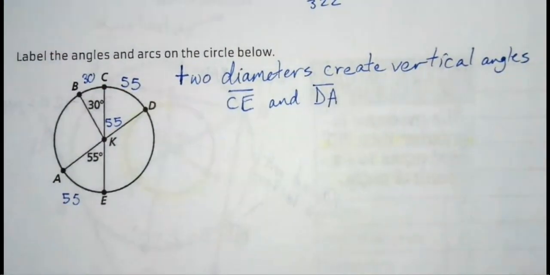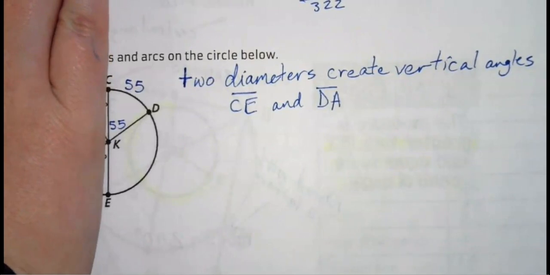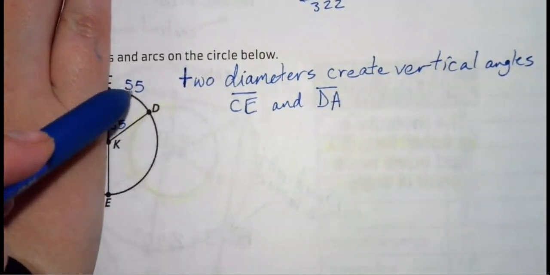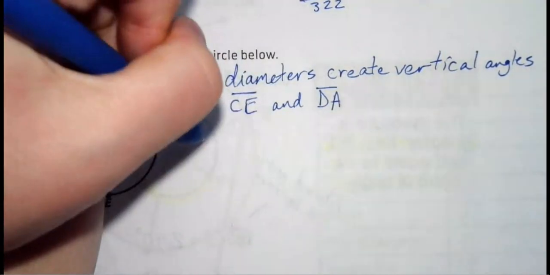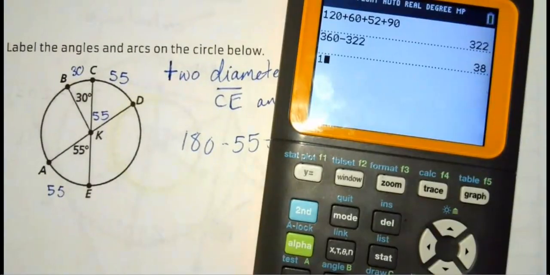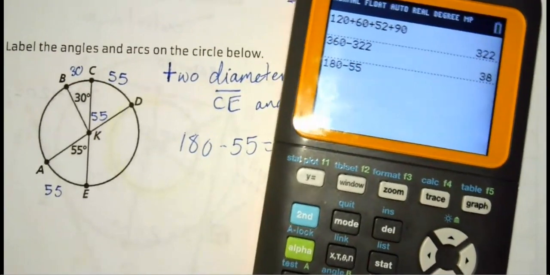Okay, and then next, you're going to take one of those diameters and you're going to cover up half of the circle. So I'm going to cover up the left-hand side of the circle. And you may notice that we've got 180 degrees here, and we know that this is 55. So if we take 180 and we subtract 55 from it, I think that's 125. But I'm going to do this so that I don't mess it up.